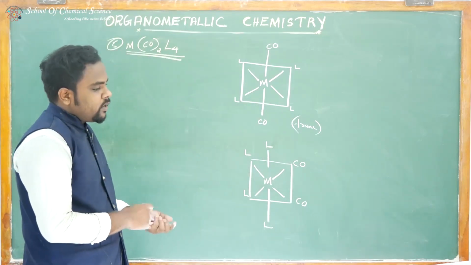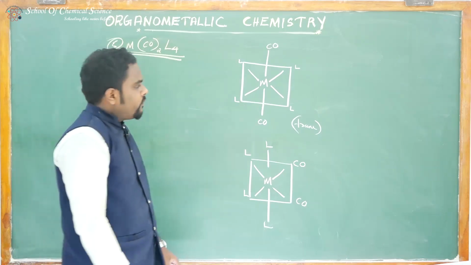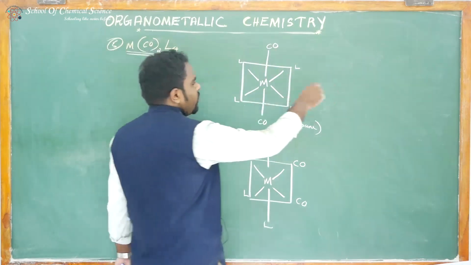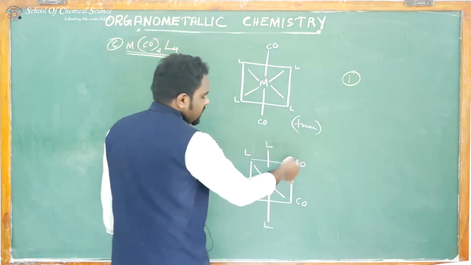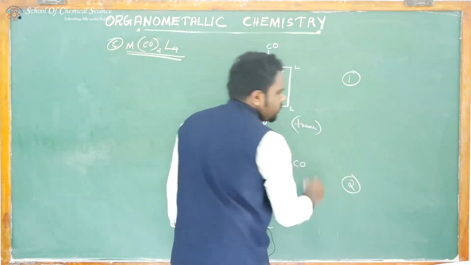Okay, so find the number of signals. First case, linear: for linear MCO, 1 band. This is bend: for bend it is 2.